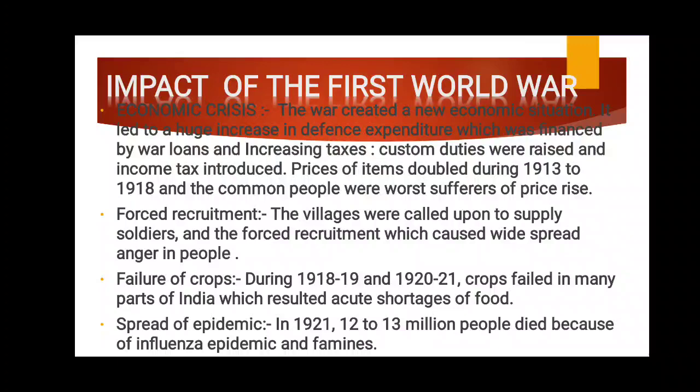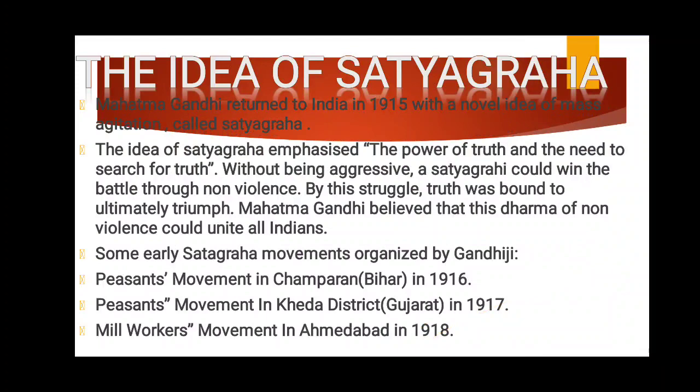Mahatma Gandhi returned to India in January 1915 with the novel idea of mass agitation called Satyagraha. Gandhiji planned to overcome all these problems with the help of Satyagraha. The idea behind Satyagraha was the power of truth and the need to search for truth.